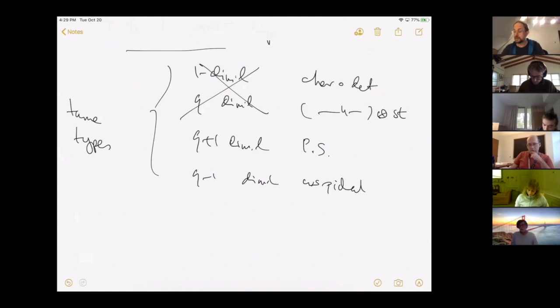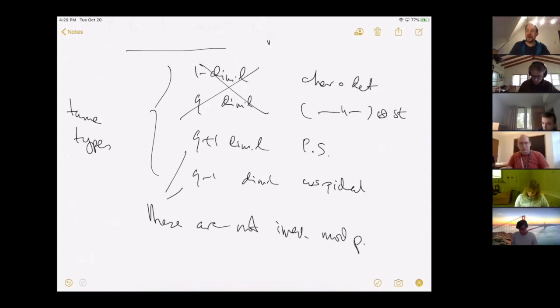But these bottom guys have typically lots of lattices, and the reason is that these guys are not irreducible when you reduce mod P.